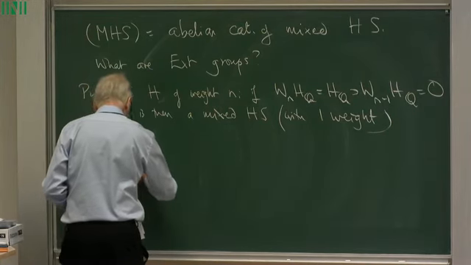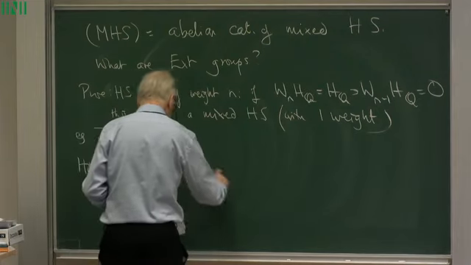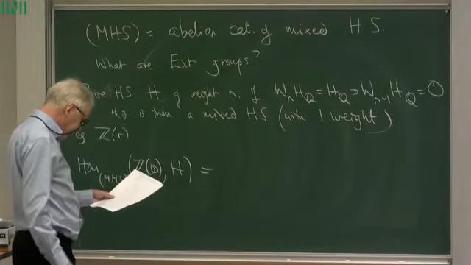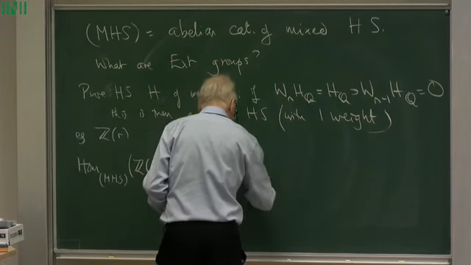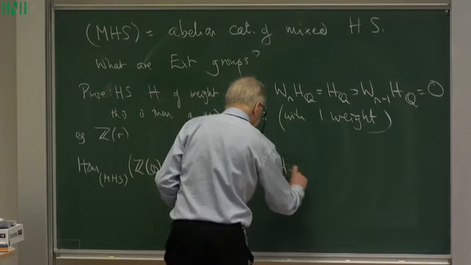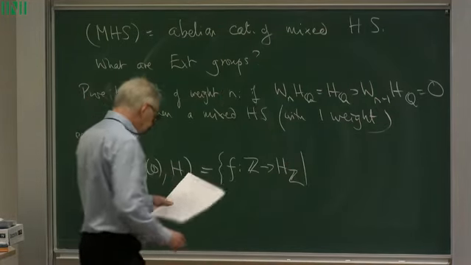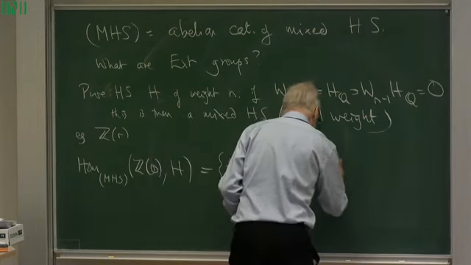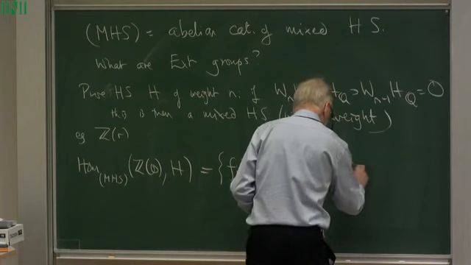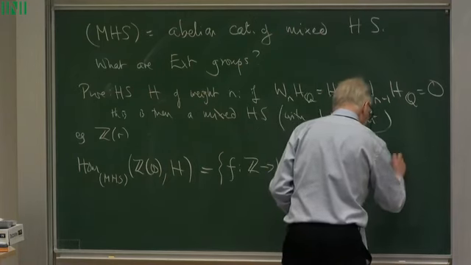Let's just do it from Z(0) to an arbitrary mixed Hodge structure H. Well, that's just the maps f from Z to H_Z such that f of 1, tensored with 1, I guess, is in W_0, and it's also in F^0.